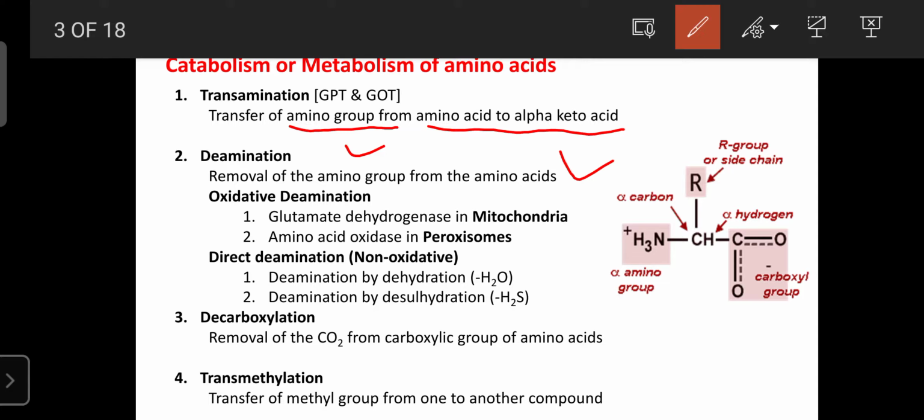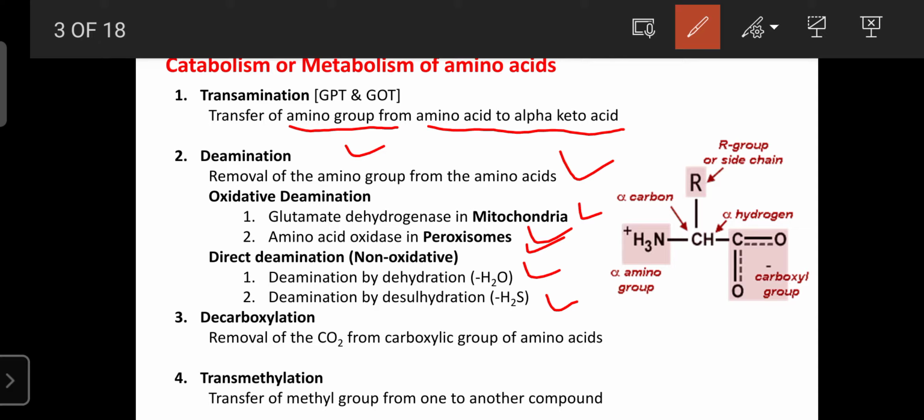Once again, deaminations are of two types: oxidative deamination and direct, or non-oxidative, deamination. The enzymes involved in oxidative deamination include glutamate dehydrogenase in mitochondria and amino acid oxidase in peroxisomes. Regarding direct, non-oxidative deamination, there is deamination by dehydration, the removal of water, or deamination by desulfhydration, the removal of H2S.